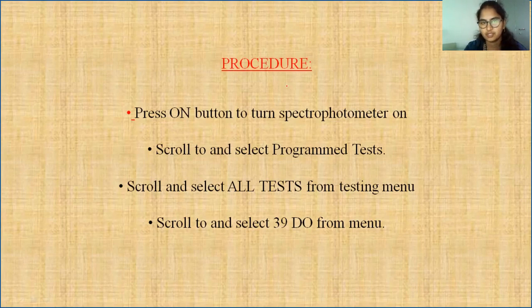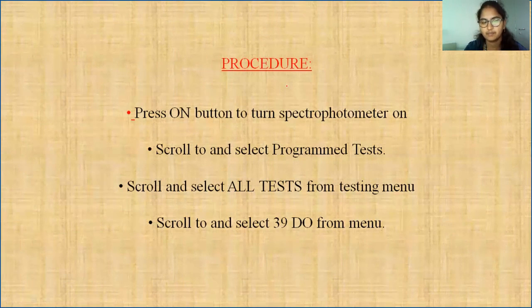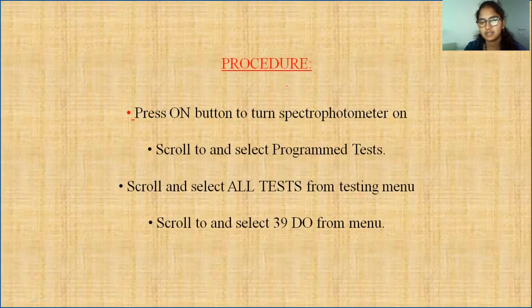So what's the procedure? The first step is to press the button to turn the photospectrometer on, and scroll to and select program test. This photospectrometer consists of a large number of tests, and they are given in alphabetic order.